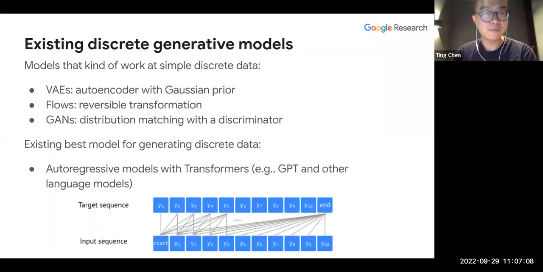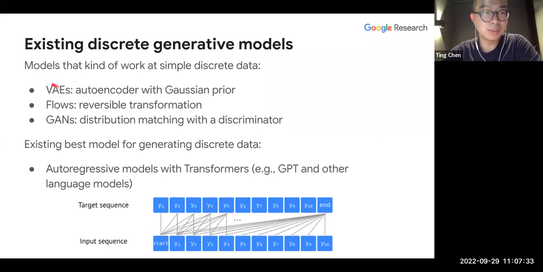Now this is a quick review of what the existing discrete generative models are out there today. I put them into two categories, with my subjective perception. One category is the models that work on simple discrete data.